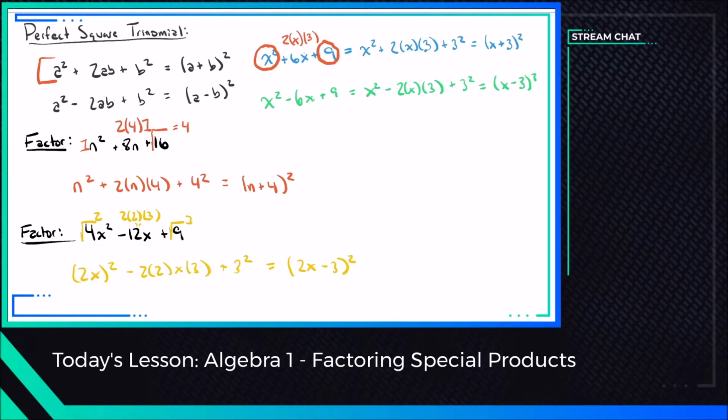Notice that if you have a negative here, then you will result in a negative there. And if you have a positive here in the second position, then you're going to have a positive here. So that's the difference between the positive and the negative.